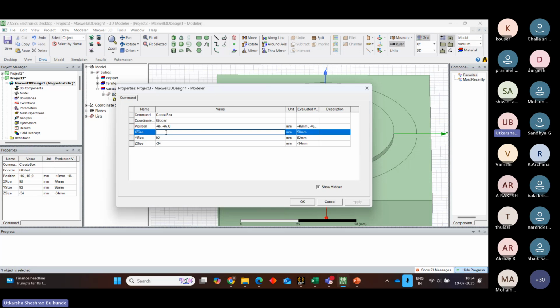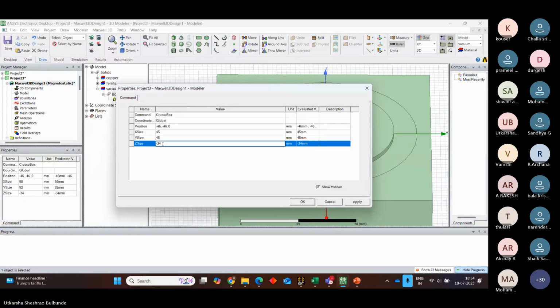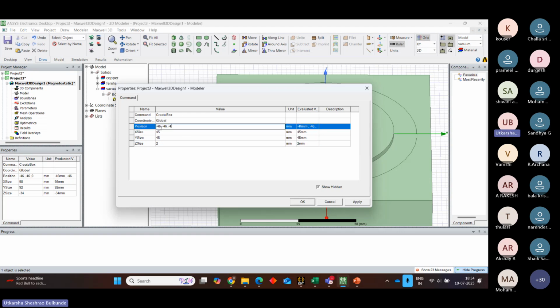Size, it should be more than your ferrite. 45 is fine. Minus 4. 20.5.